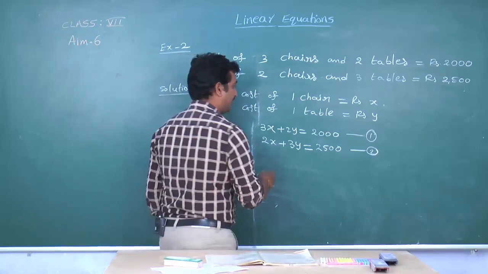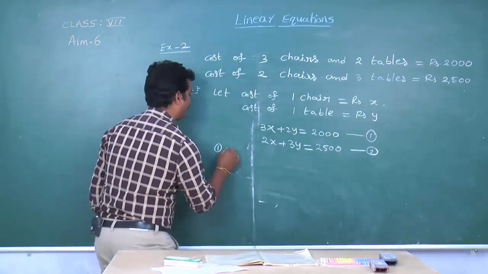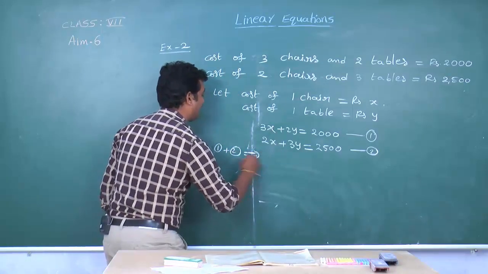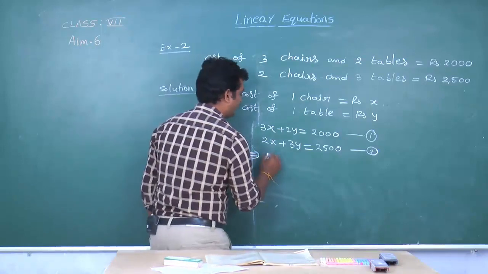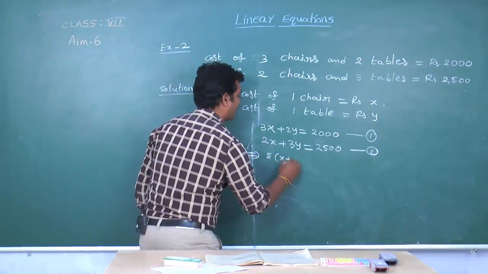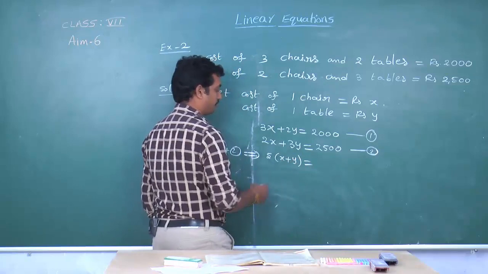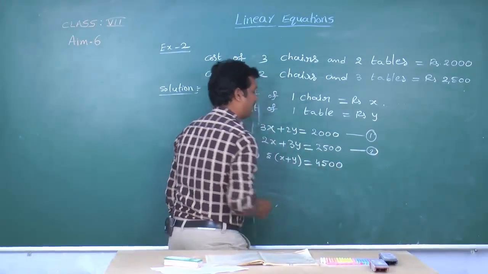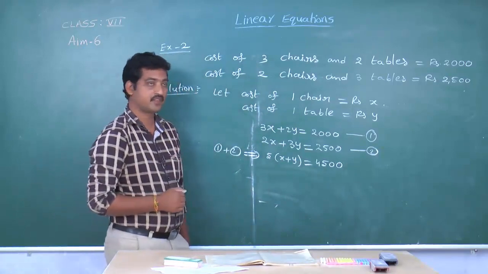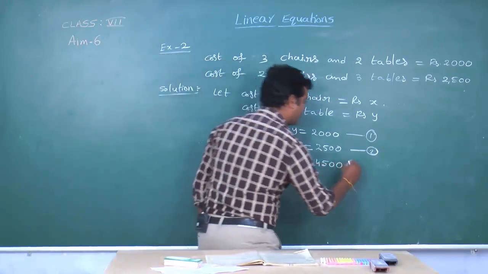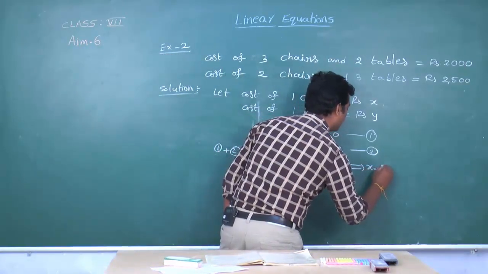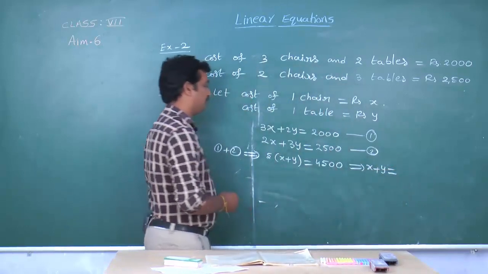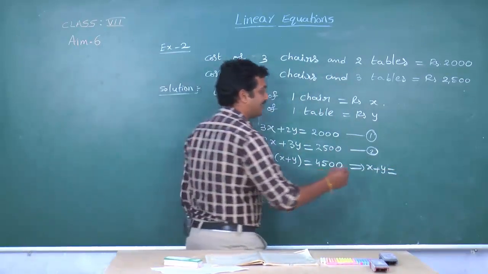Now add 1 and 2, 1 plus 2, we get 5 into x plus y is equal to 4500. That implies x plus y is equal to 900.